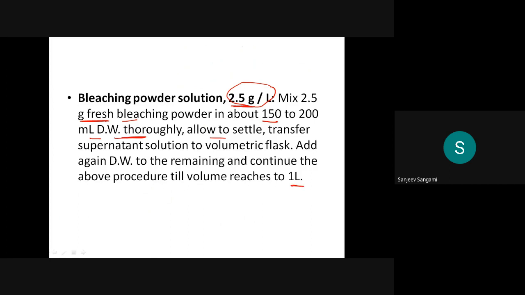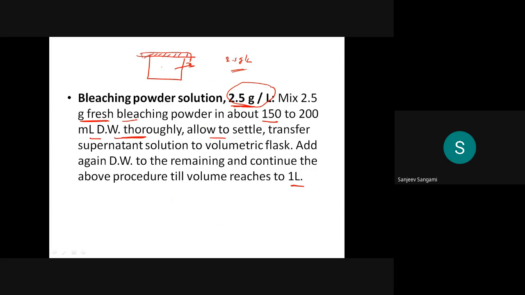And very important, care should be taken while mixing. As far as possible, when you add bleaching powder, 2.5 gram per liter, always close it while mixing. For example, if you're mixing in a beaker, cover it with the top portion so that the chlorine does not escape.